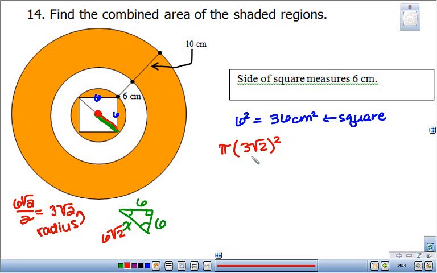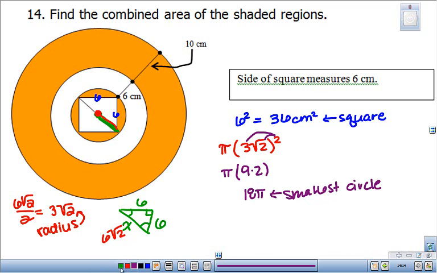You can do this in your calculator, or if you want to do it by hand, just be careful that the squared goes to the 3 and the square root of 2. 3 squared is 9, and square root of 2 squared just cancels the square root and the square, so you just have 2. So you end up with 18 pi, and that's the area of the smallest circle.